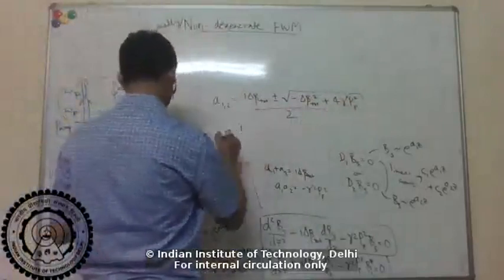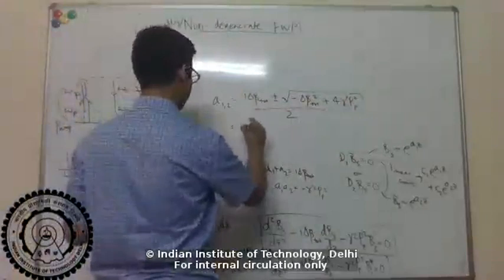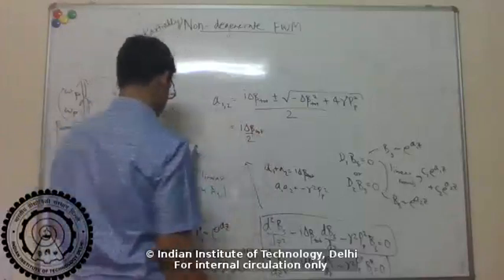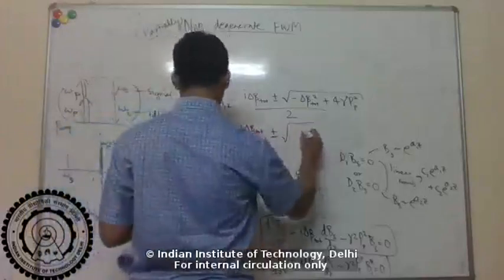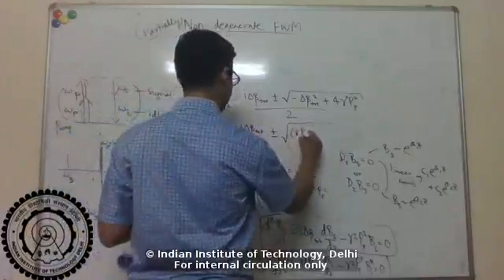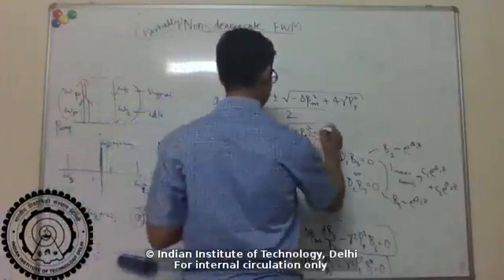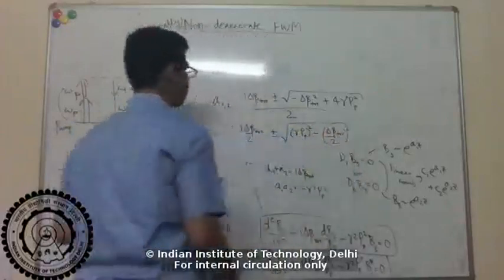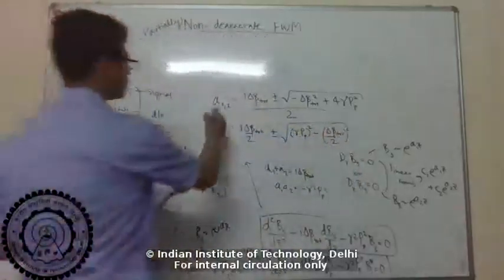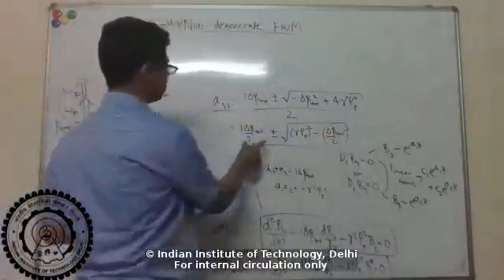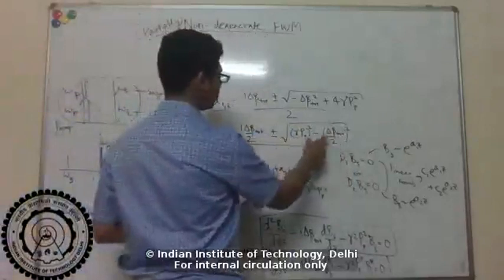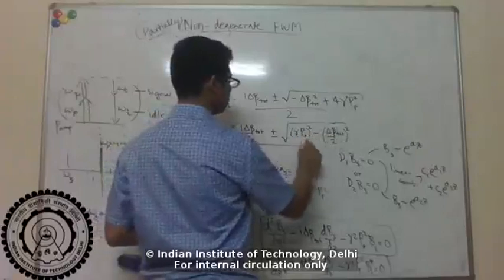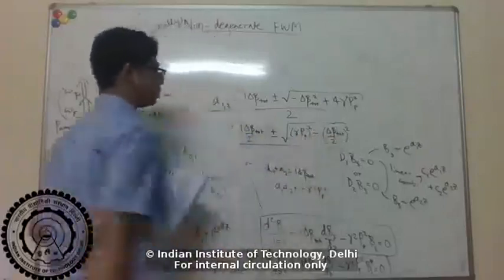You can write this as, okay, so it has an imaginary part and plus, let's say, a real part, but depending on the relative values of this delta beta and gamma p, it could be imaginary also or real.